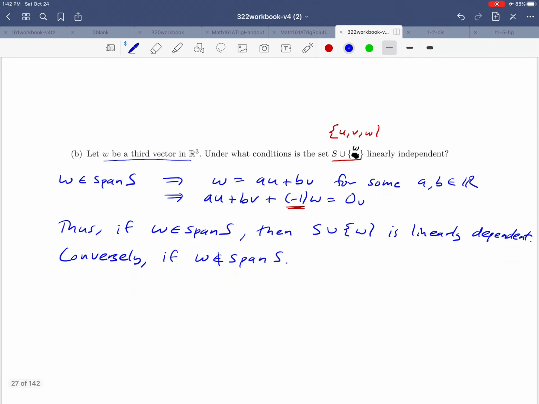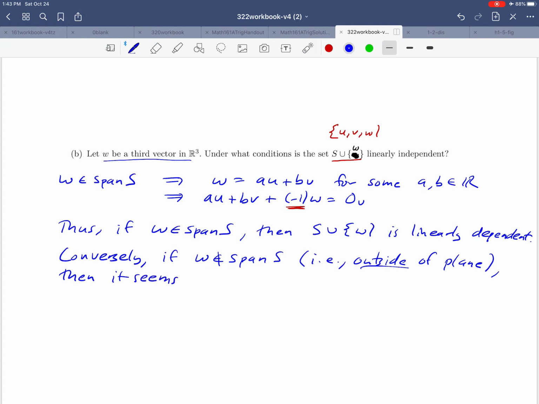Okay, well, if that's the case, I'm going to just write down a claim here, and I'm going to leave it to you to think about this statement. Let's first emphasize what we said geometrically: W not being in the span of S means outside of the plane. Okay, and here's my claim.